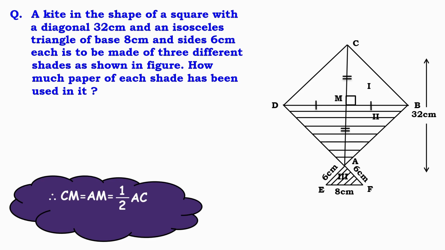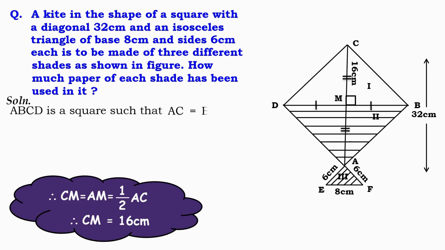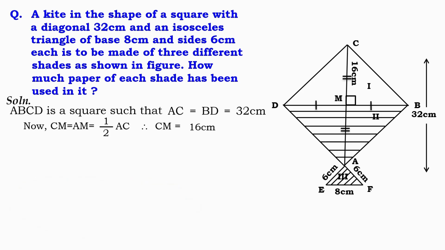So CM is half of AC, that is half of 32, which is 16. CM is 16 centimeter. So ABCD is a square such that AC equals BD equals 32 centimeter, and CM equals AM equals half of AC, that is 16 centimeter.